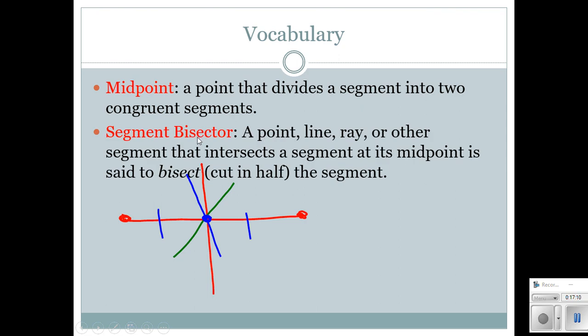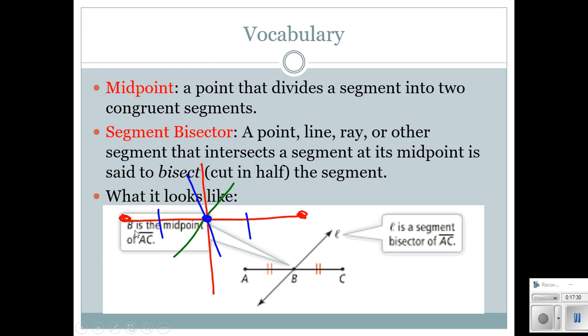Bisect means in half. So a point, line, ray, or other segment that intersects a segment at its midpoint is said to bisect, cut in half, the segment, okay?